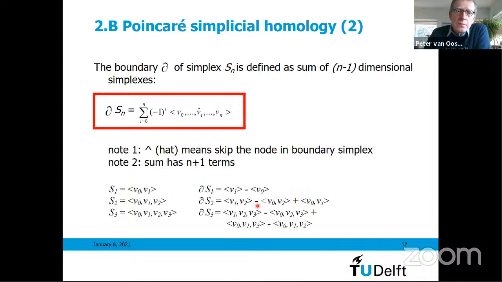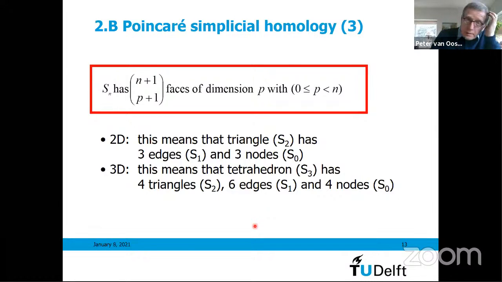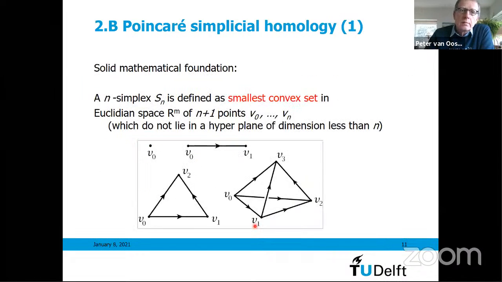And so here you see a list of vertices, and a list of vertices defines a simplex, a convex set. For S3, we'll get 4 boundary elements, and all these boundary elements are triangles with a sign. A simplex, like a tetrahedron, has boundary elements one dimension lower, the triangles.